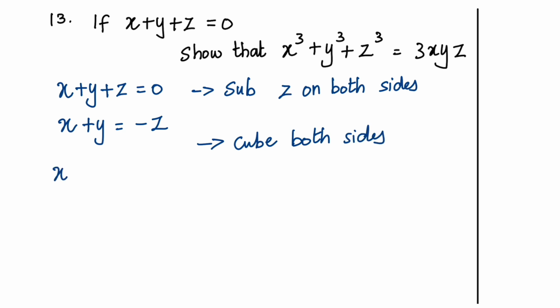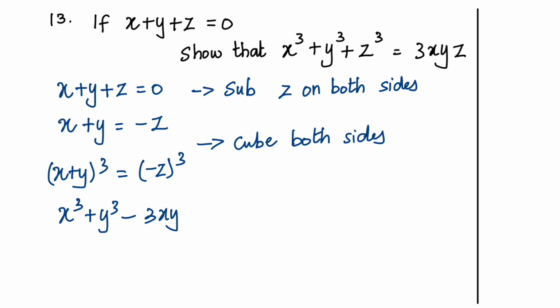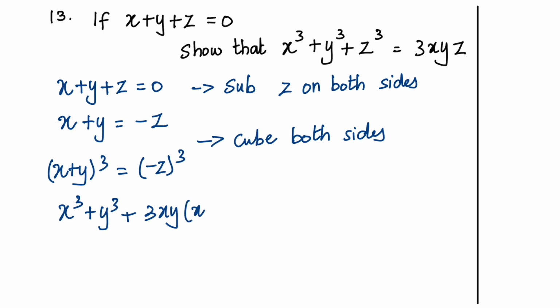Okay, so that is going to be x plus y the whole cube is equal to minus z the whole cube. So we know this identity, x plus y the whole cube, so that is x cube plus y cube plus 3xy into x plus y, and that is equal to minus z cube.